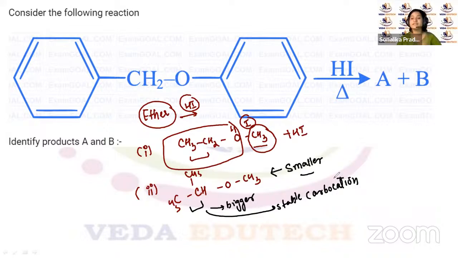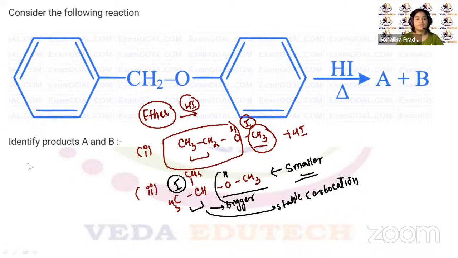When you see that it can form a stable carbocation, you are going to add I there, and in the other part you are going to add H. So what is the concept? When both are 1 degree or 2 degrees, the smaller one gets the I and the bigger one gets the OH. But when there is a compound which can form a stable carbocation, the one which can form the stable carbocation gets the I and the other one gets the H. That is the concept behind this.